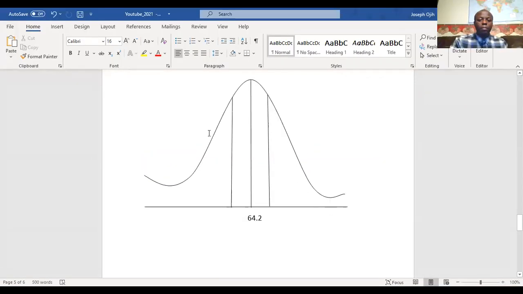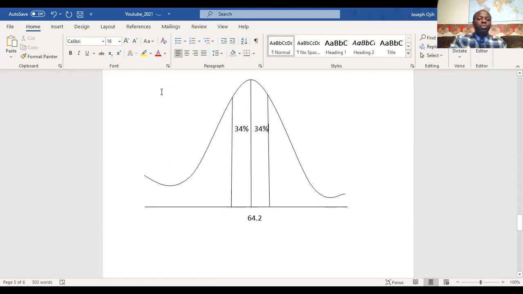So we have here 34%. And here, okay, excuse me, my mistake. Okay, here. Oh, excuse me. Here, 34%. So we'll continue with that. This is for the one standard deviation of the mean.